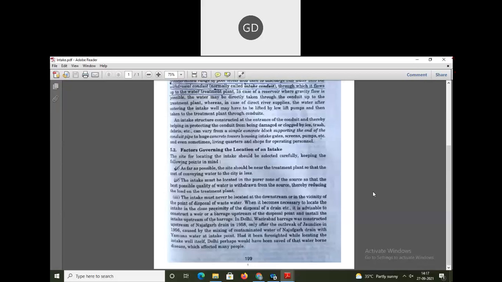As far as possible, the site should be near the treatment plant, so that the cost of conveying water to the city is less.